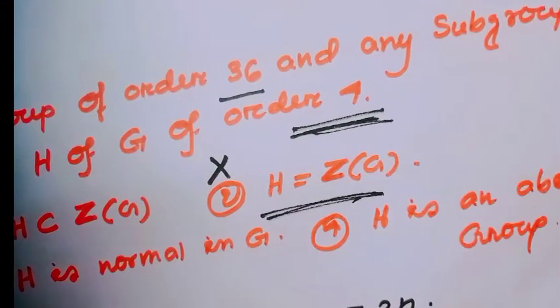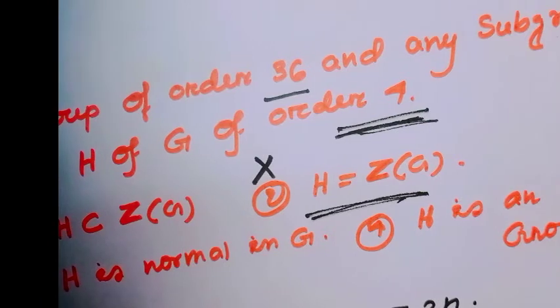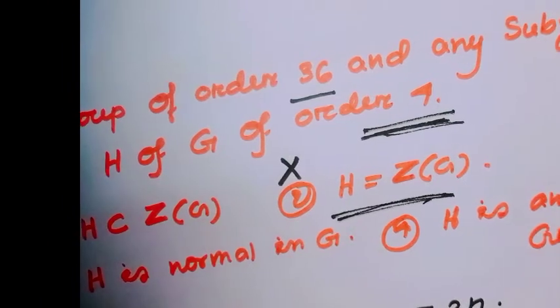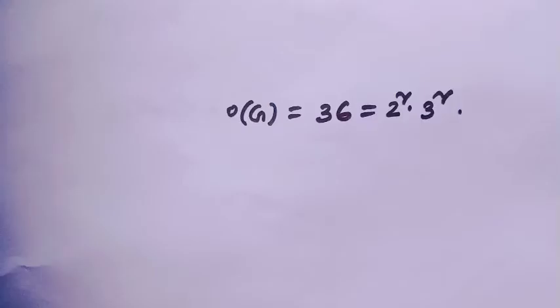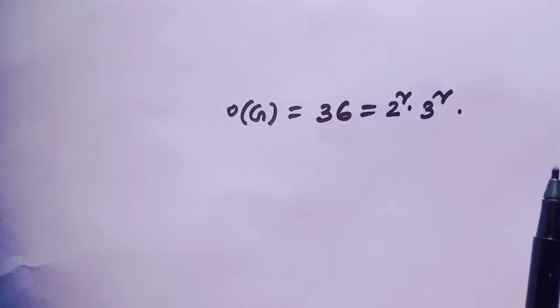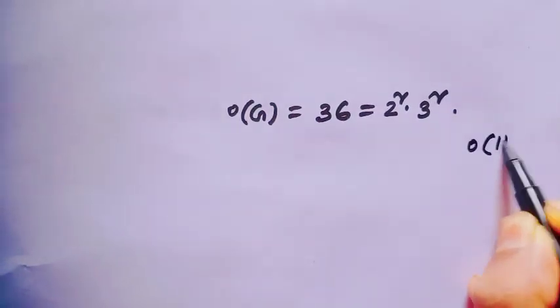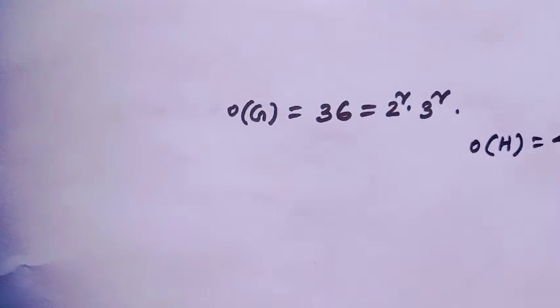Now come back to the third option. The third option says A is normal in G. And the fourth option says A is an abelian group. Here notice the order of G equals 36, which equals 2 squared times 3 squared. And given the order of subgroup A is equal to 4.